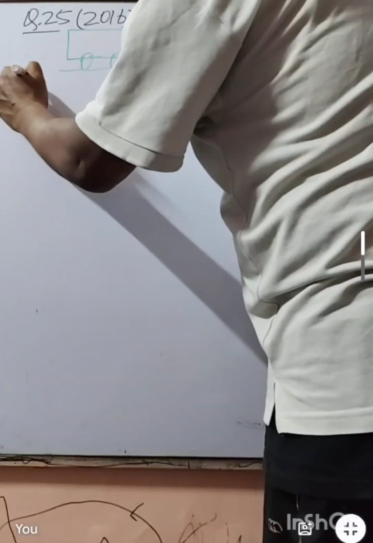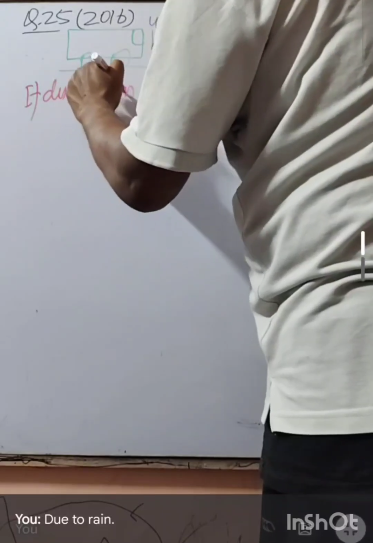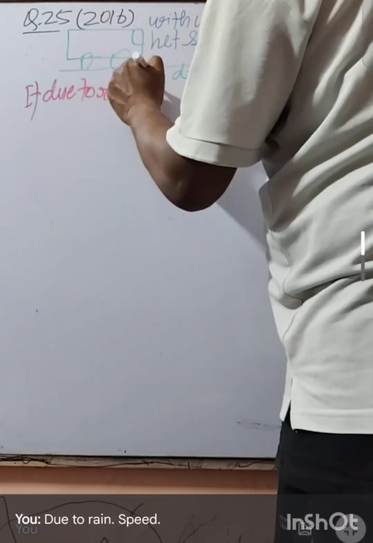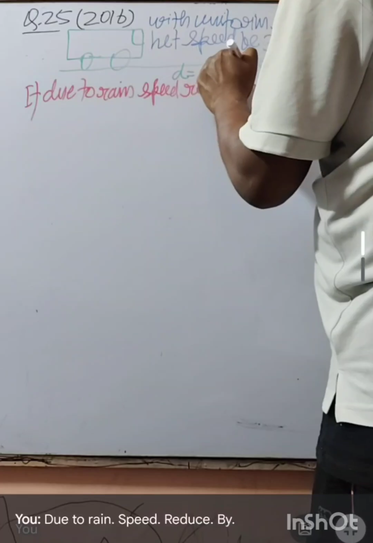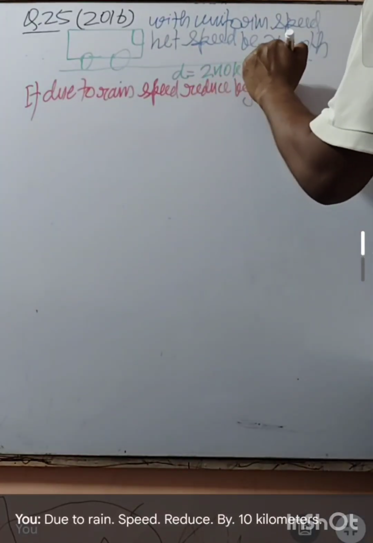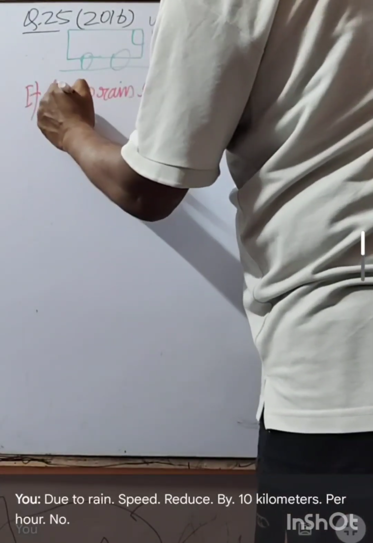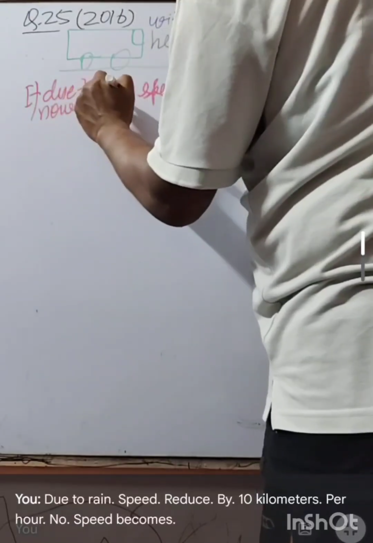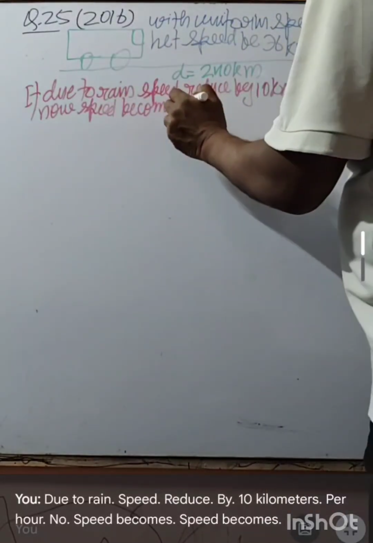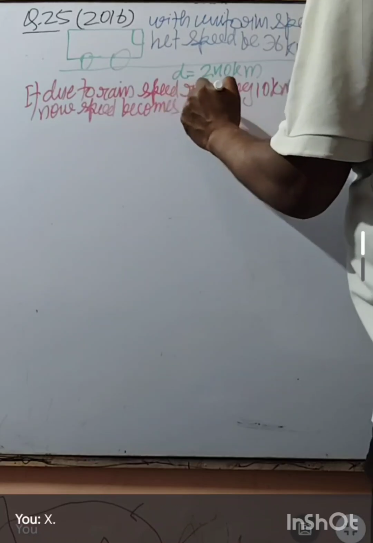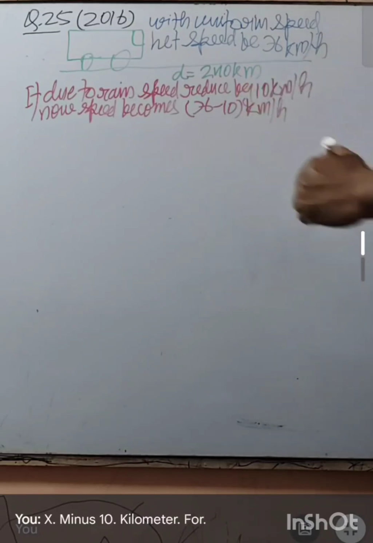If due to rain, speed reduced by 10 kilometers per hour, now the speed becomes x minus 10 kilometer per hour, right?